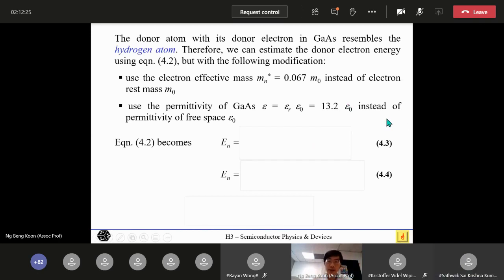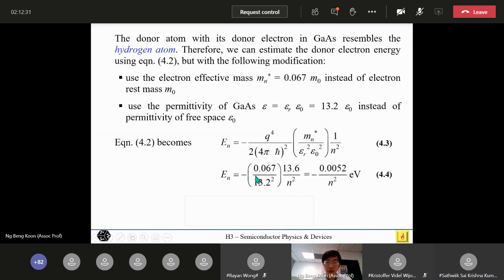And if you modify the energy equation of hydrogen and substitute in all the values, it becomes minus 0.0052 over n squared. What this means is that the energy of this fifth electron of the donor impurity atoms in the crystal is given by this expression, where n is a positive integer.